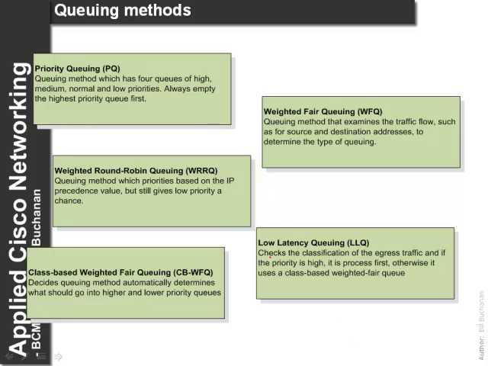Once we've tagged or identified the traffic, we can then define the queuing methods. One of the most useful methods is called priority queuing. With priority queuing, we have 4 different levels of queue. Level 1, 2, 3 and 4, or high, medium, normal and low.